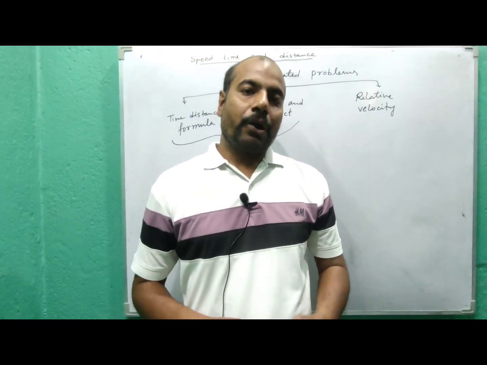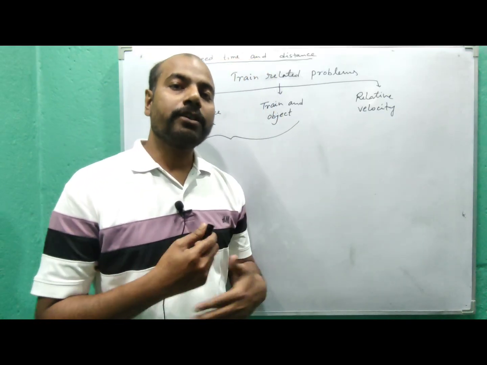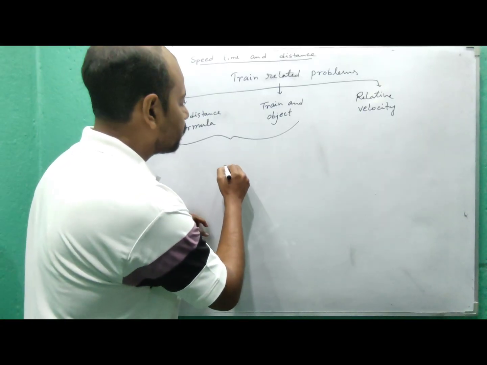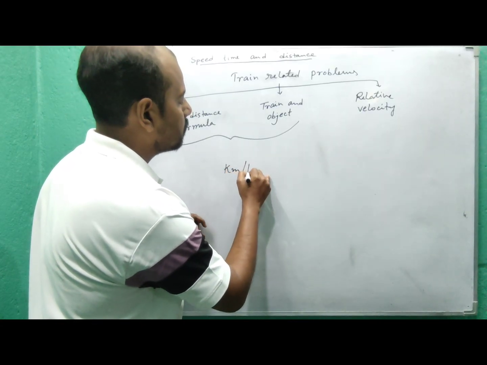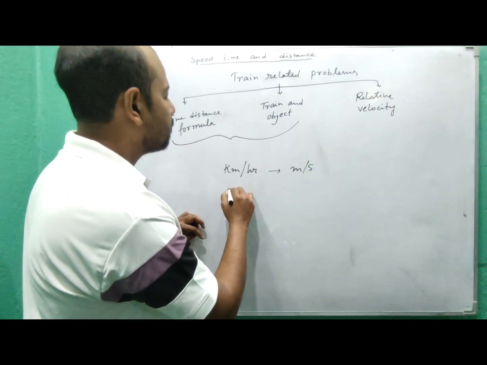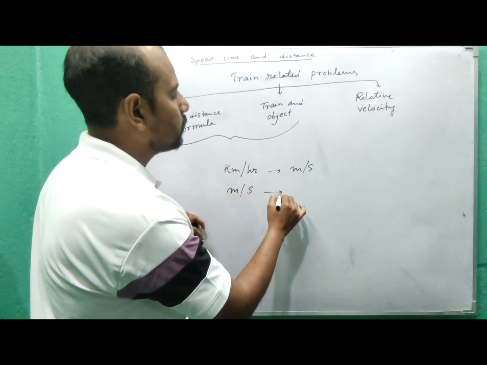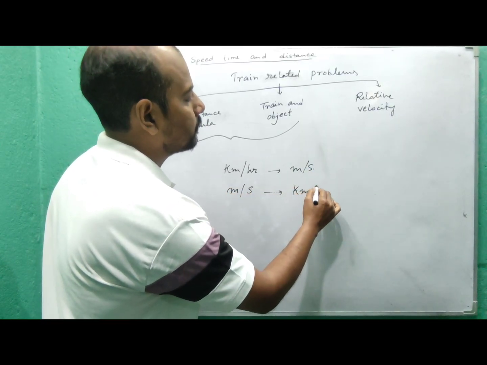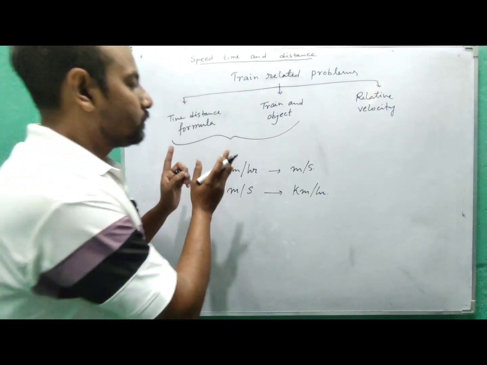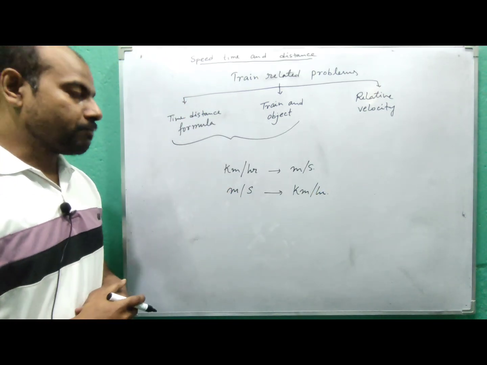Before proceeding, we need to know the conversion method of units. That is conversion of kilometer per hour to meter per second or meter per second to kilometer per hour. We need to know these conversions.